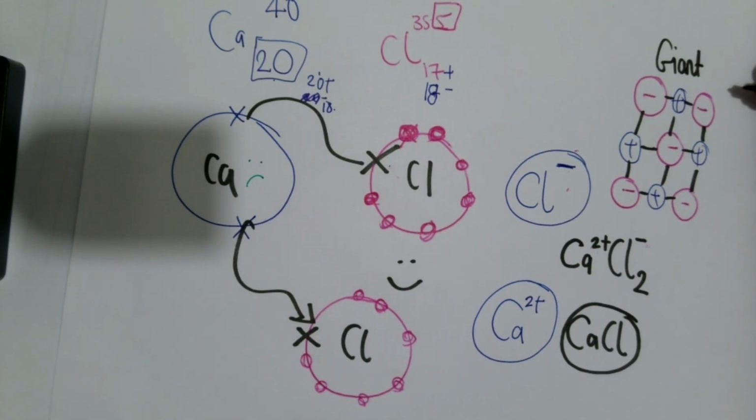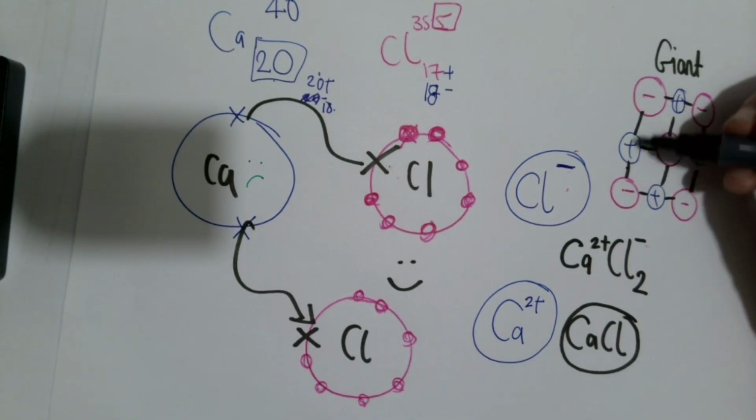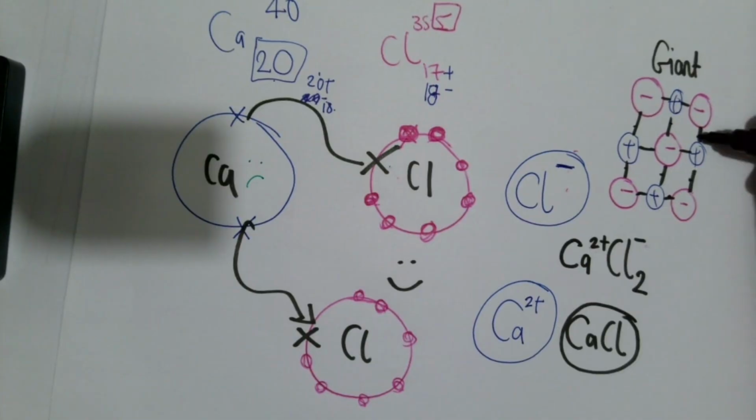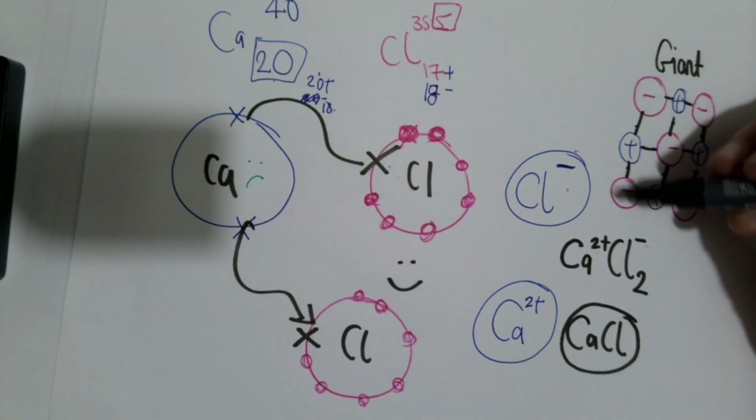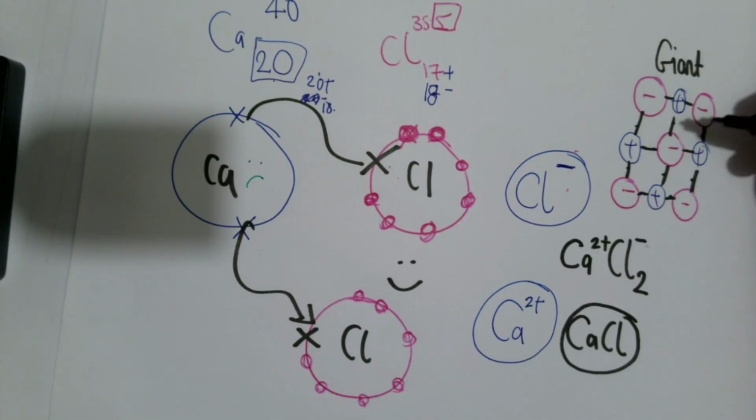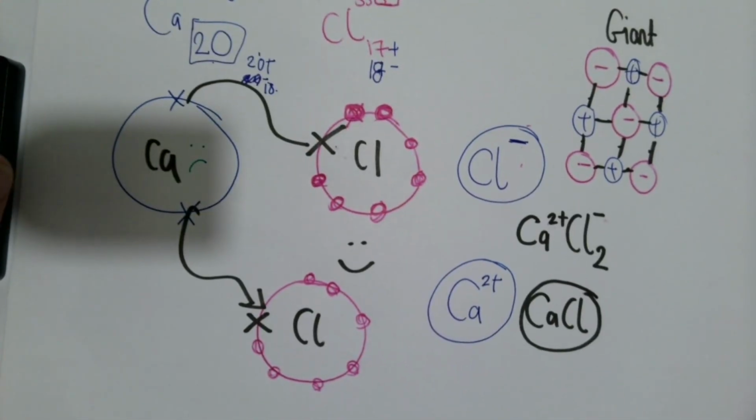Because there's billions of them, the forces are strong between them. Therefore, one of the properties of giant ionic structures is that you require a lot of energy in order to break this electrostatic force. And obviously that's in the form of a solid. In order to make it a liquid, that's its melting point, you would have to apply a lot of energy, which is why giant ionic lattices have high melting and high boiling points.